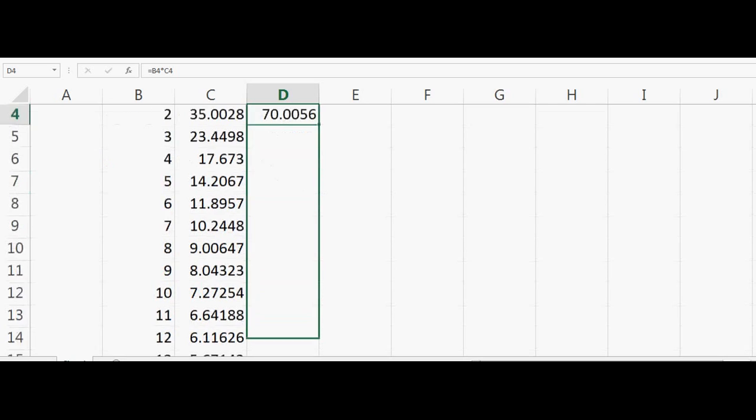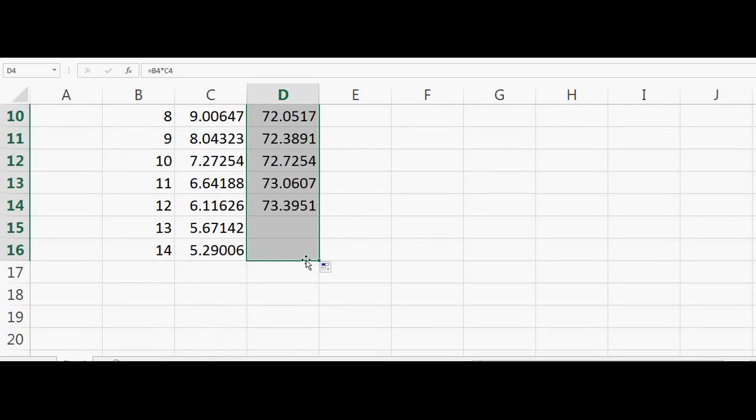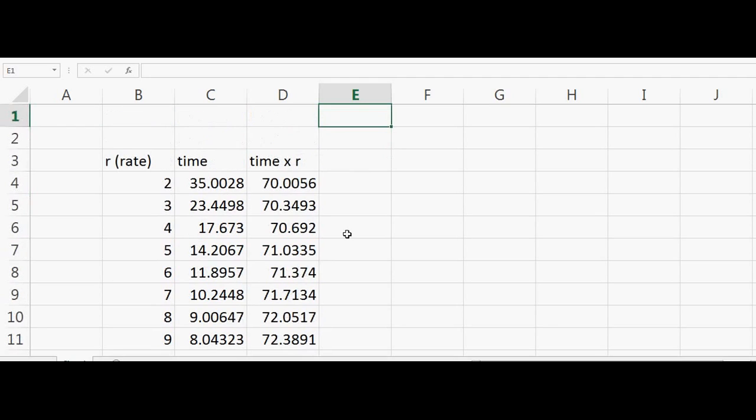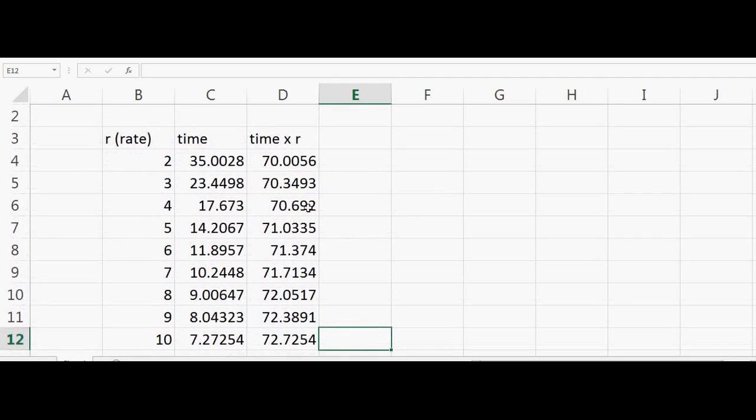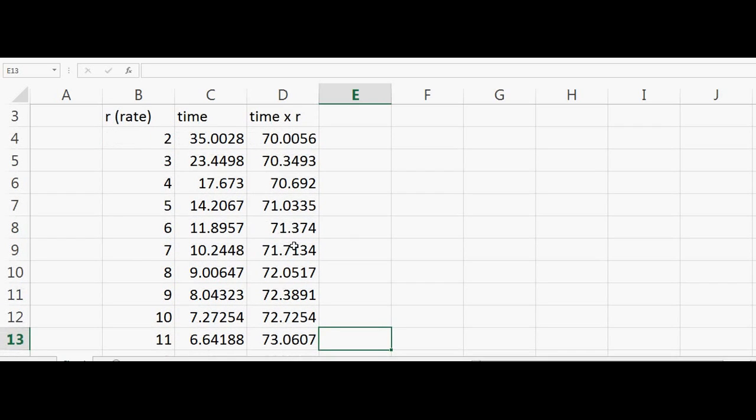If you keep doing this, you will see that all the numbers are close to 72. So 70.3, 70.6, 71. So if we approximate the number to be 72, then in our trick, instead of using 70.005, I will always use 72.